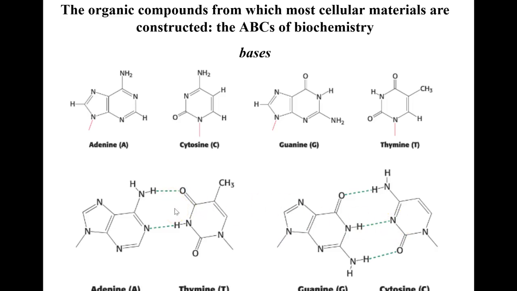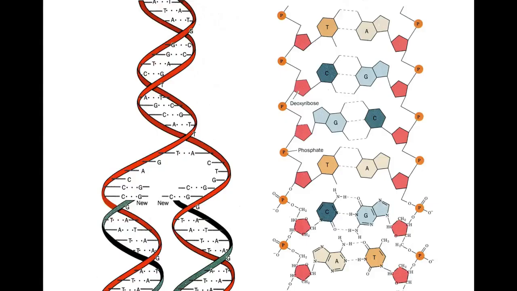That is how the pairing of DNA happens, and that is depicted here. You have these bases with hydrogen bonding to hold the 2 strands together to form DNA, and you still have the phosphate backbones.